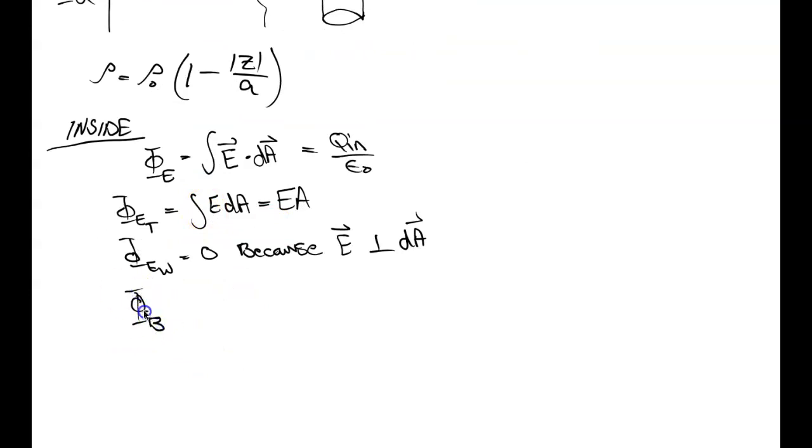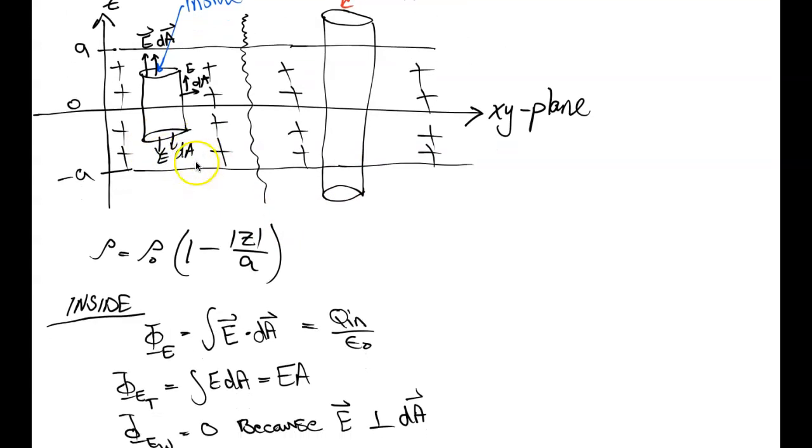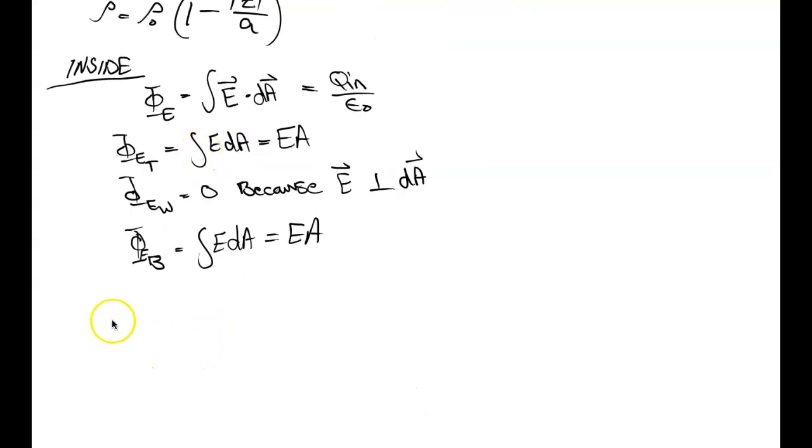The electric flux on the bottom is again the same as the top, since the electric field is coming out of here and dA is coming out of here. So the total electric flux for the inside case is going to be 2 times the electric field times the area.